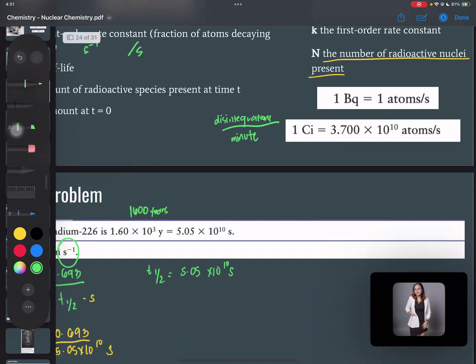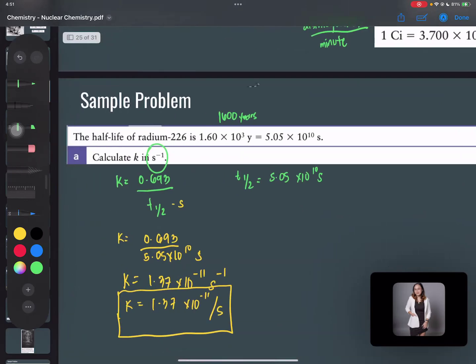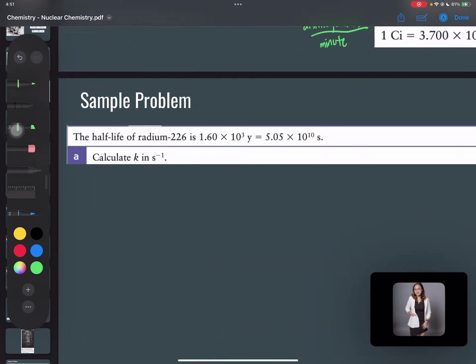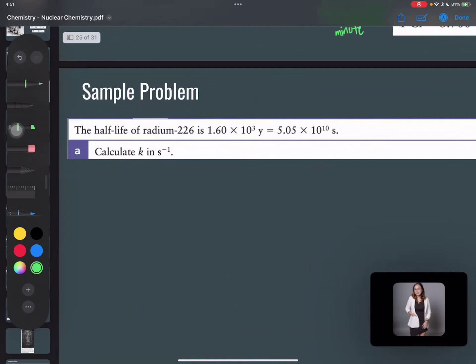So let's try and apply. Let me remove all of this. In this problem, the half-life of radium-226 is 1.6 times 10 to the power of 3 years, or that's equivalent to 1,600 years, or 5.05 times 10 to the power of 10 seconds.